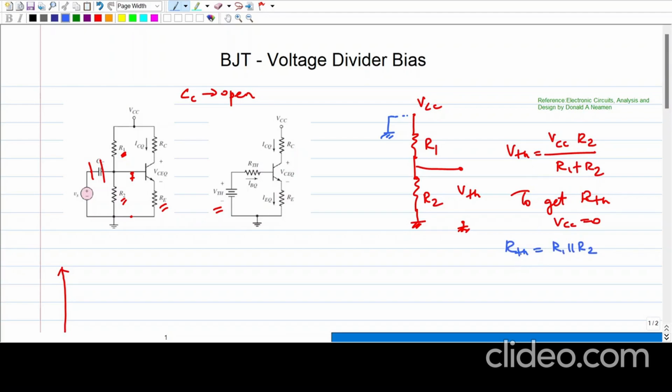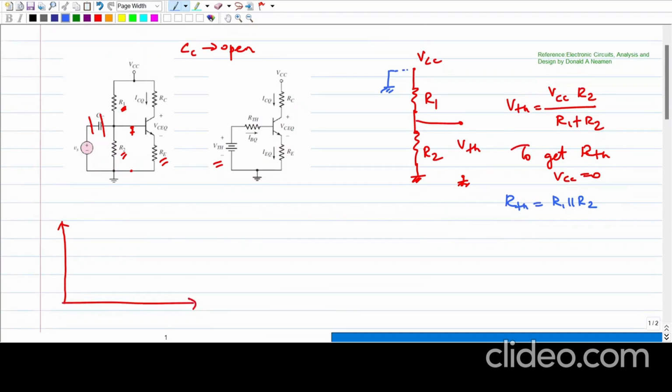Now the first thing is the load line. This is VCE, and this is IC in milliamps, and this is the load line. So now we have to find the endpoints of this load line.